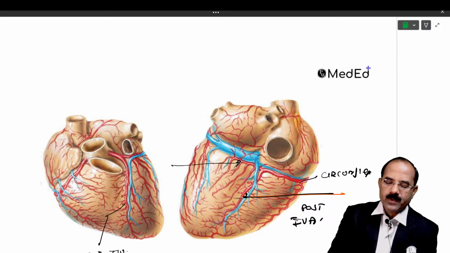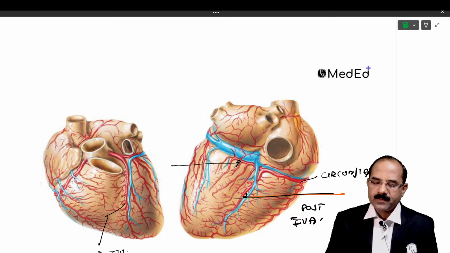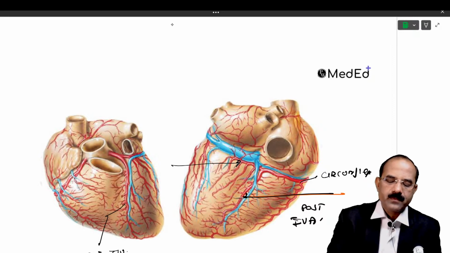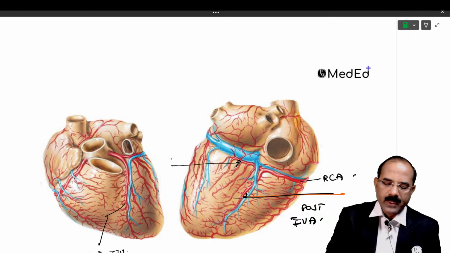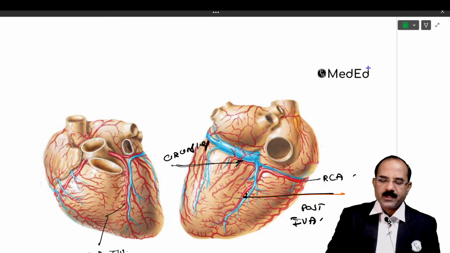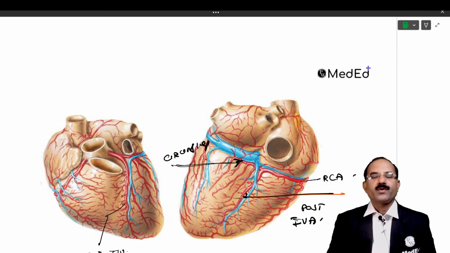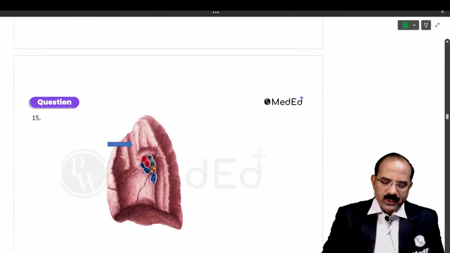This is the right coronary artery. Okay. ये circumflex नहीं है, ये right coronary है. This is the right coronary artery. उसका branch है posterior interventricular artery, and this is the circumflex. That's a circumflex branch. Circumflex is a branch of left coronary. Perfect.